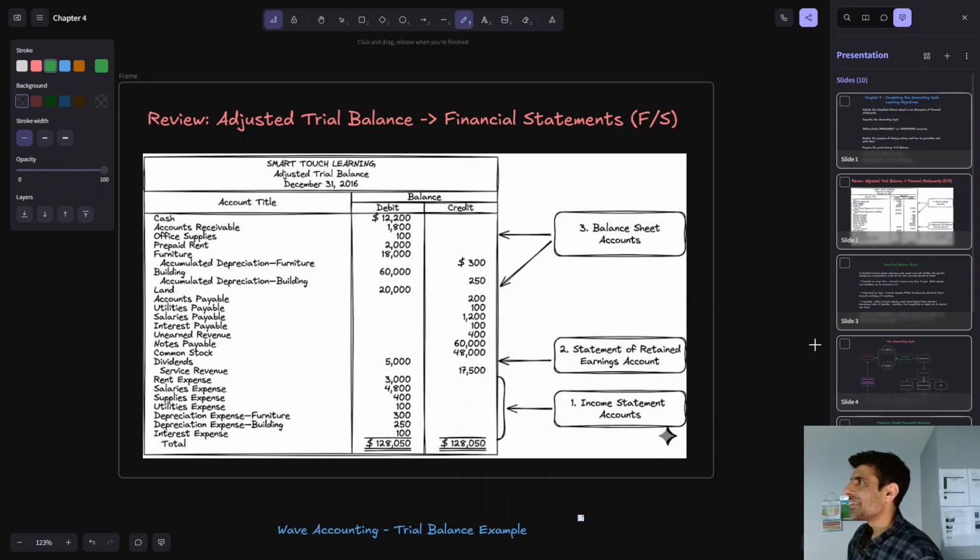Okay, yeah. Well, what changed the balances, right? We had unadjusted balances. What do we do to change balances and then require us to recompile all the balances?